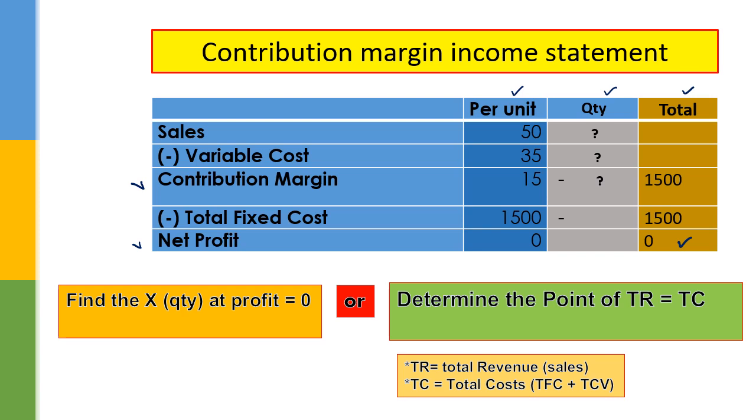So what you need to know is the quantity or units needed to make the net profit equal to 0. We can also look at this as the point where total revenue is equal to total cost. Total cost has two components, fixed cost and variable cost.